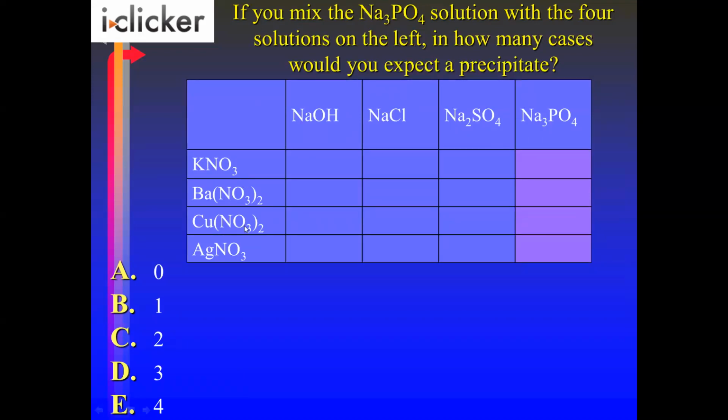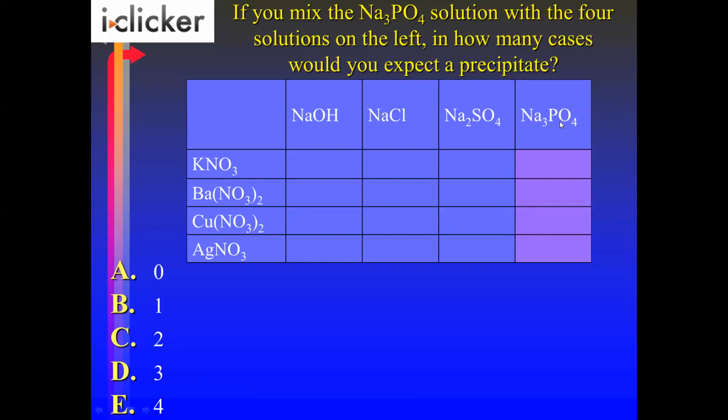Now let's use this one to combine with this one. Sodium nitrate is also soluble because all the sodium compounds are soluble. We talked about that. The only thing we need to check is the barium phosphate.